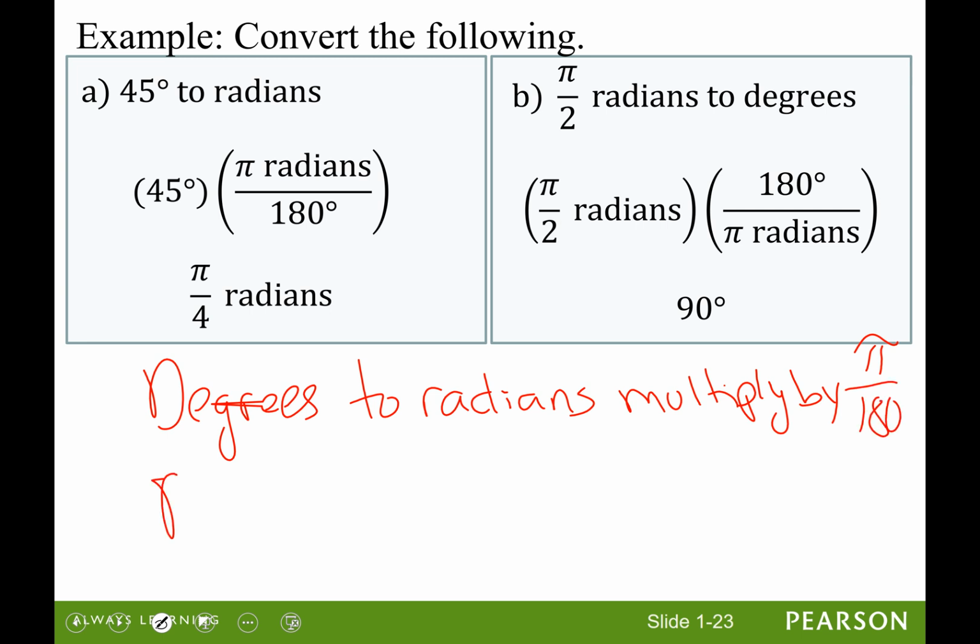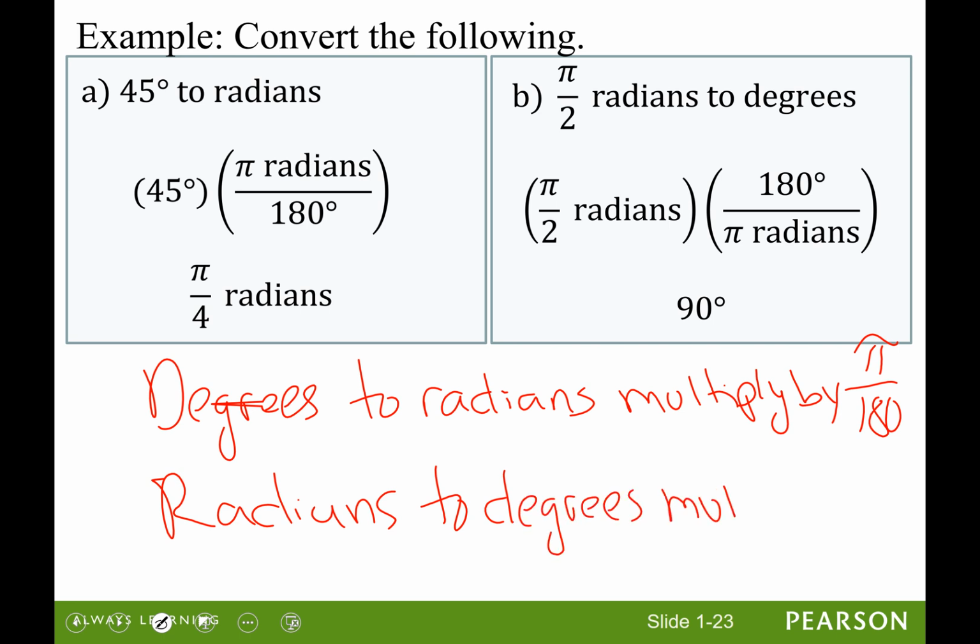And if you're trying to get from radians to degrees, you'll multiply by the inverse, which is 180 over pi.